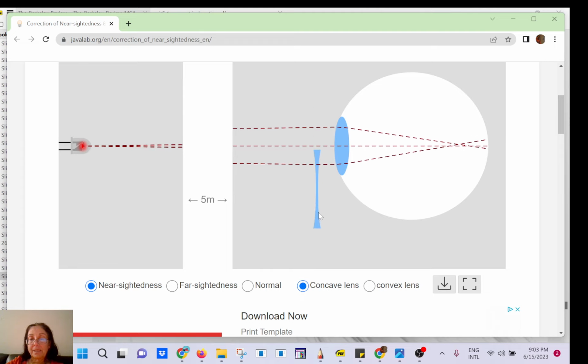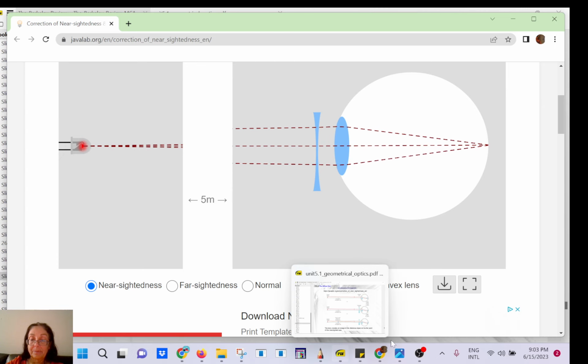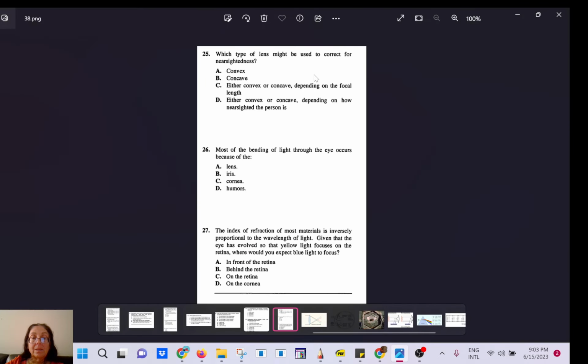And that will fix it because you bring back the image here. So let's see what type. We need a concave lens, so the answer is B.